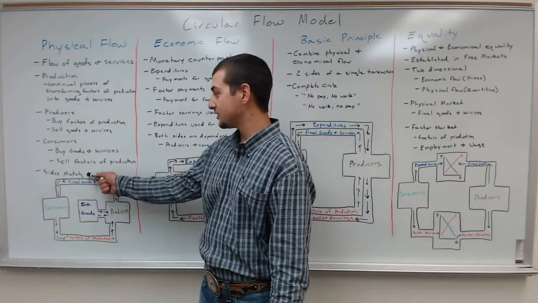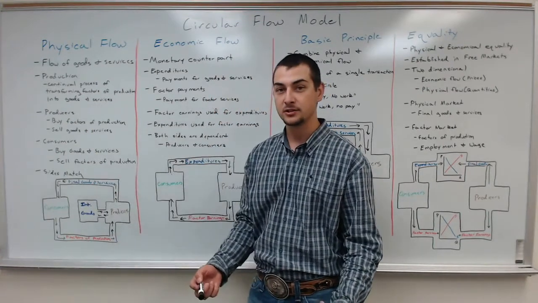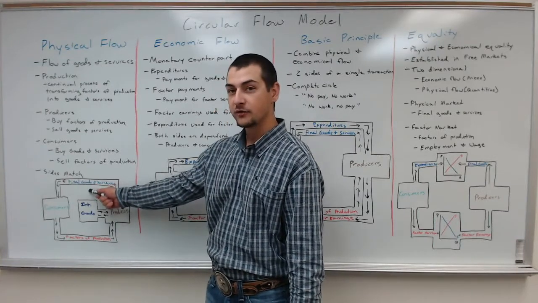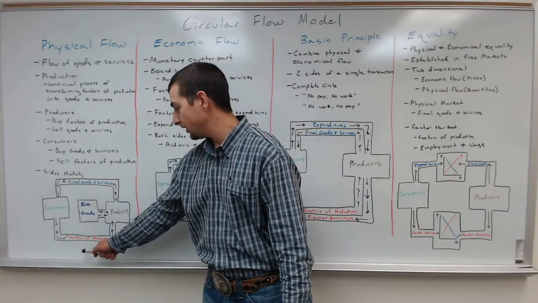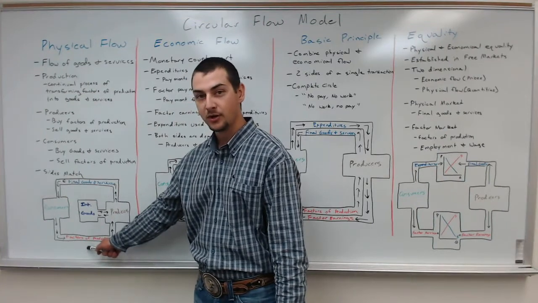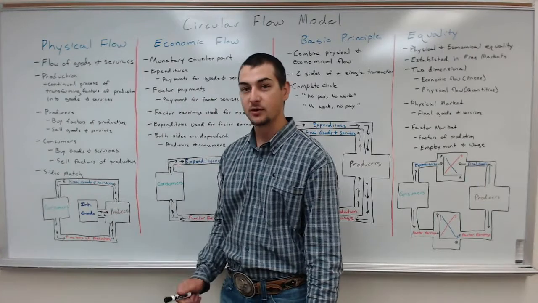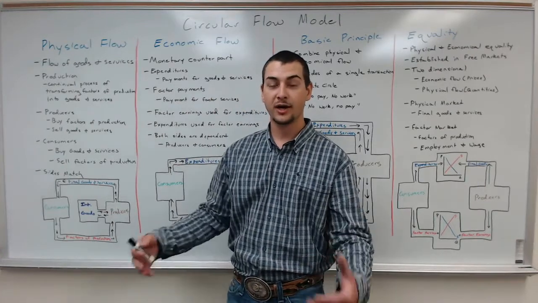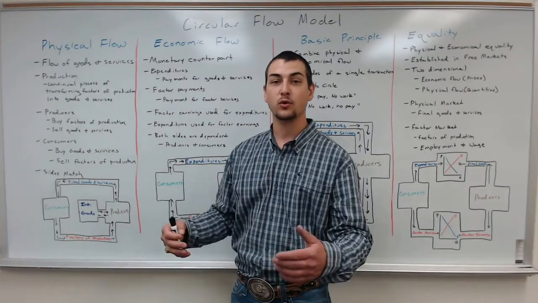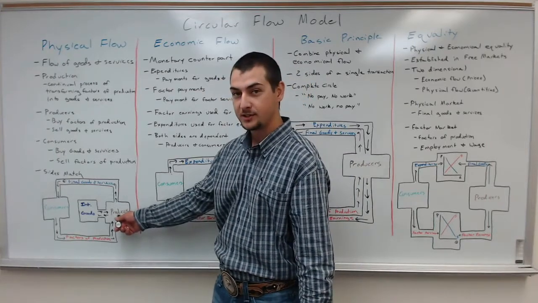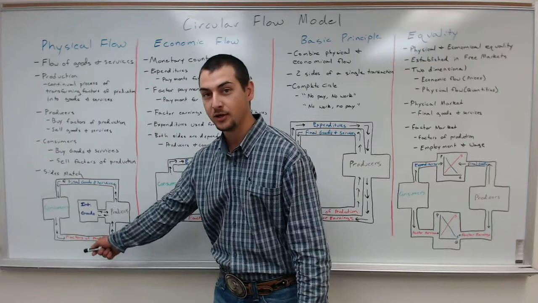And what's interesting to note is that the sides match. For a producer to produce a final good or service, we must have a consumer willing to provide a factor of production. And if one side, let's say the consumers, decided we're not going to provide our factors of production, so we're not going to provide our labor, then the producers cannot produce anything because they don't have the factors of production.